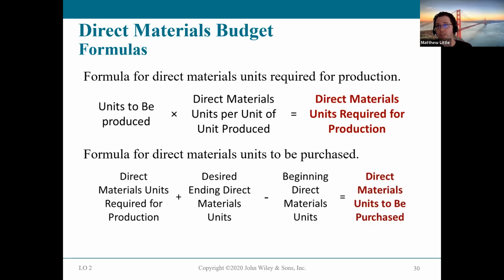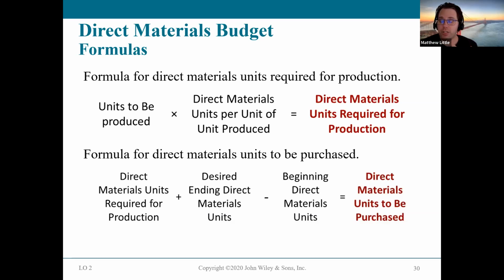Now that we have our units, we can move over to our direct materials budget. So we look at our units to be produced times the direct material units per unit produced equals the direct material units required. Okay, so say it takes 2, 3, 4 units of direct materials to produce 1 unit of good. You need to multiply those units of good by that factor.